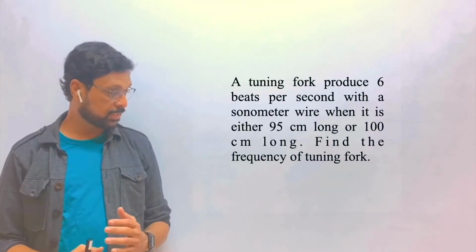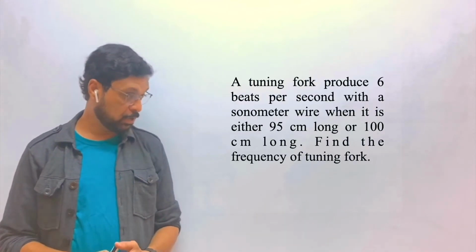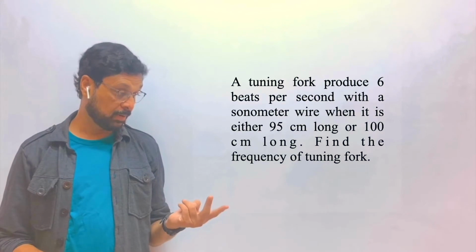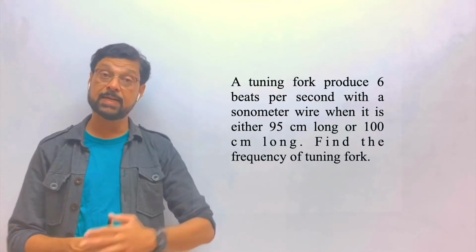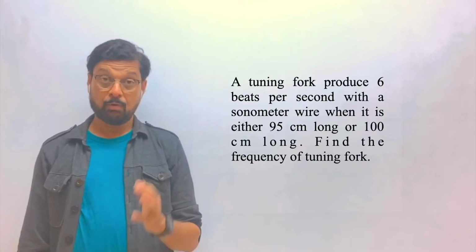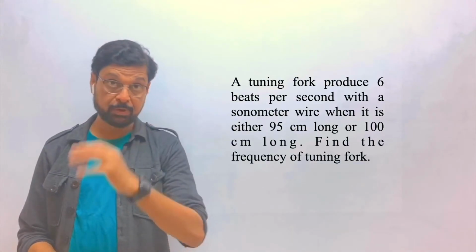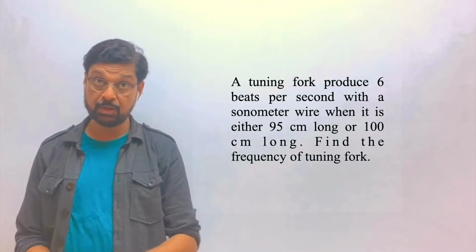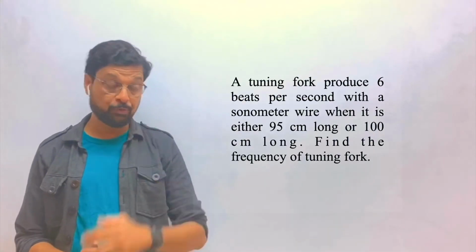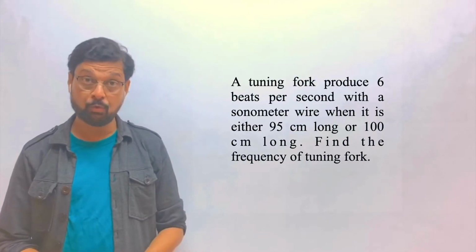A tuning fork produces 6 beats per second with a sonometer wire when it is either 95 centimeter long or 100 centimeter long. वायर की लेंथ जब 95 सेंटीमीटर है तब, और वायर की लेंथ जब 100 सेंटीमीटर है तब भी, दोनों बार ट्यूनिंग फोर्क produces 6 beats per second with that wire.